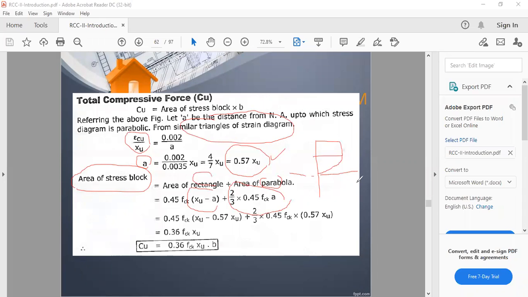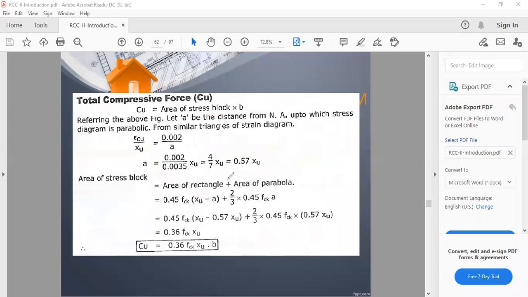So these are the two parts which have been considered for the area. For the rectangle, 0.45 FCK is the width, and XU minus A, because you are considering this as total XU and this is your A. So accordingly, we are just considering the area of the rectangle part and the area of the parabola part.